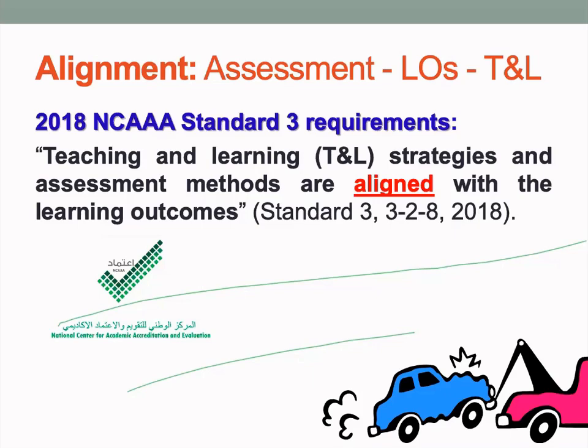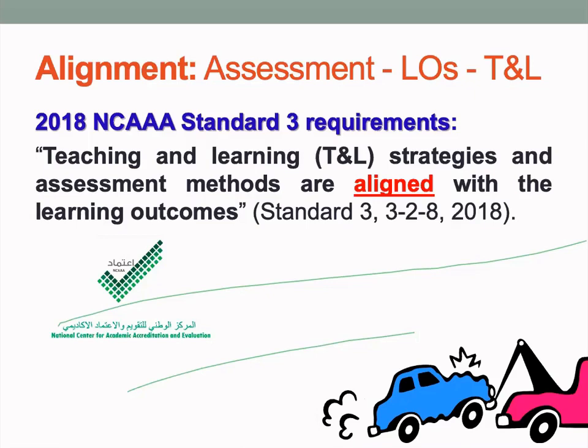So this is the requirement of Standard 3. If not aligned, we have a problem. Like a car, if not aligned, we need to send it to the workshop. That's why it is very important to make it aligned.